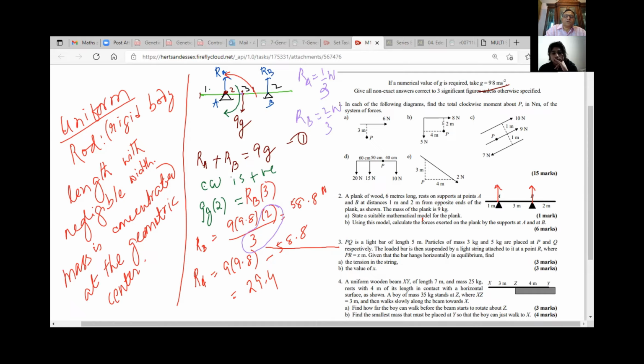Anyway, it's important to see that, and then you could correlate these things also. Anyway, we got our answer. Units are in newtons, of course, and so we have 29.4 newtons and 58.8 newtons. We have 3 significant figures, correct? So that is how it can be done.